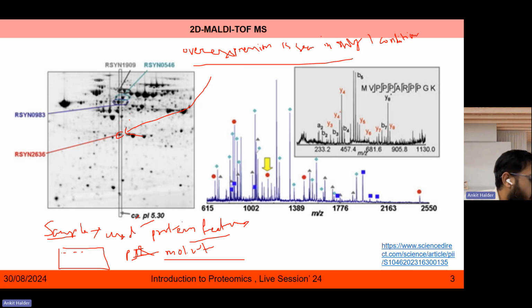Then you do sample preparation, and after you have prepared the sample, you take the sample plus matrix and spot it on the plate.